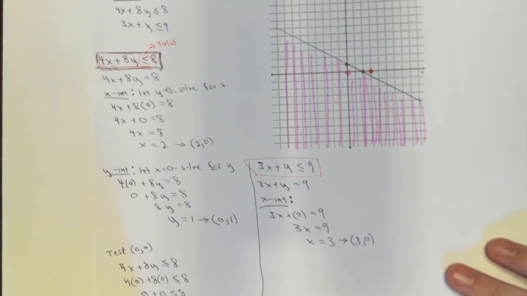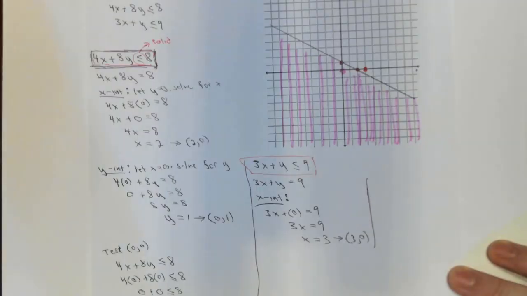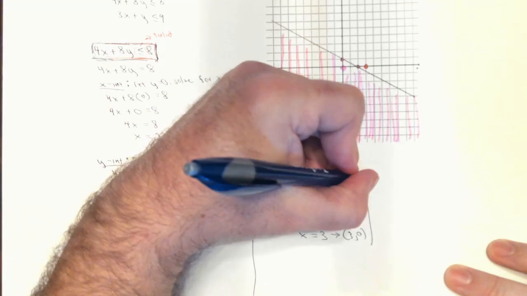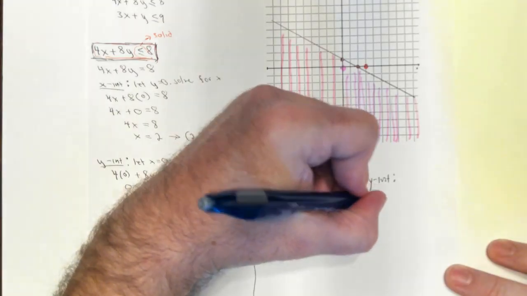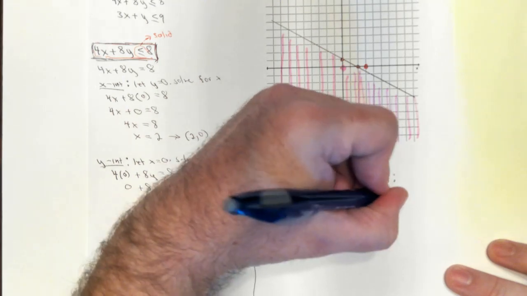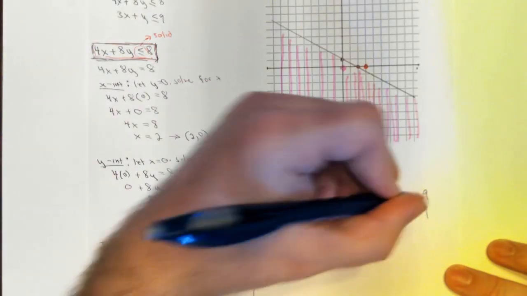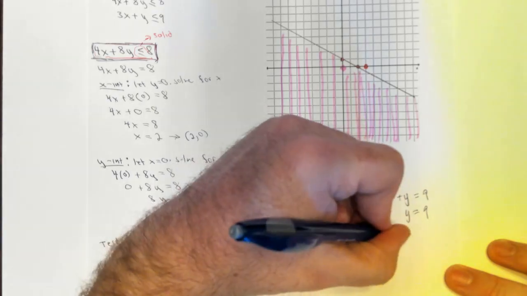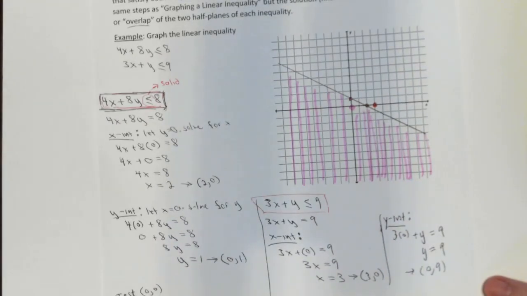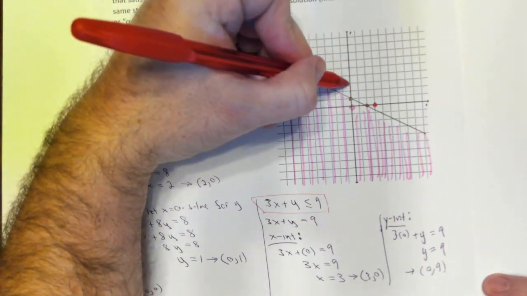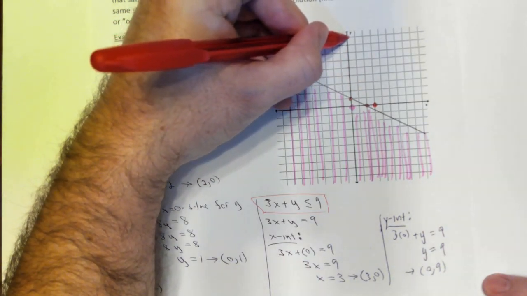All right, let's do the y-intercept. I'll tell you what, let me do the y-intercept right here so I can see everything. Y-intercept. 3 times 0 plus y equals 9. Y is 9. So that's the ordered pair 0, 9. Okay. 1, 2, 3, 4, 5, 6, 7, 8, 9 barely is there.